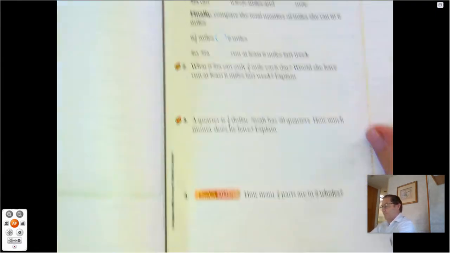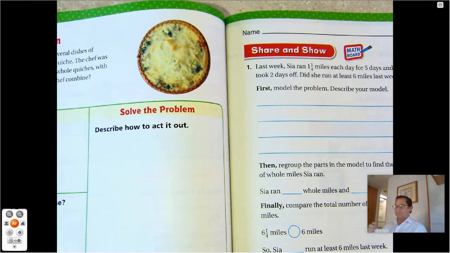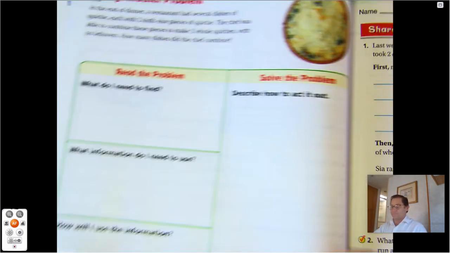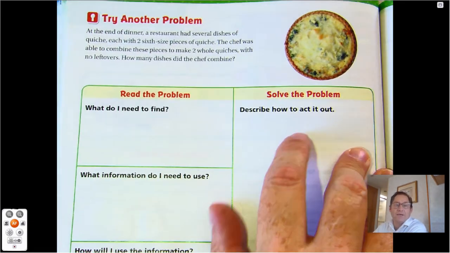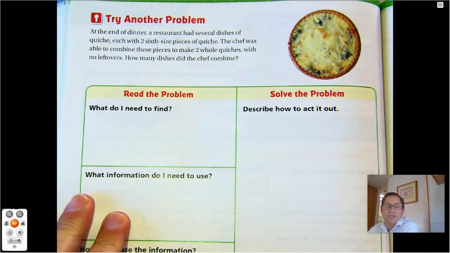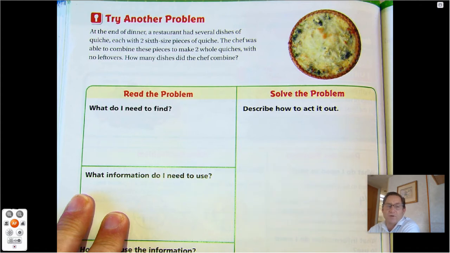So let's try a different one. Page 318. At the end of dinner, a restaurant had several dishes of quiche, each with 2 sixth-size pieces of quiche. The chef was able to combine these pieces to make 2 whole quiches with no leftovers.